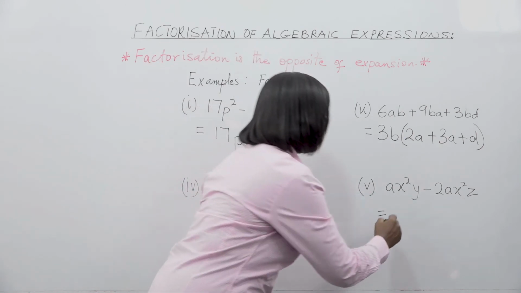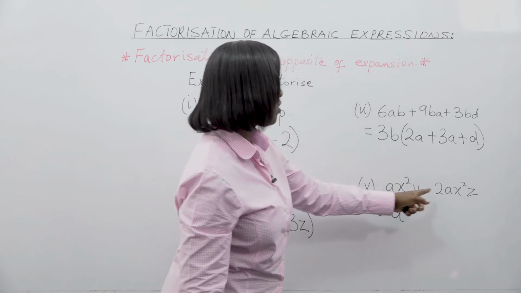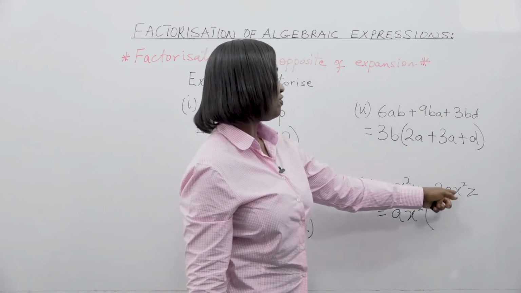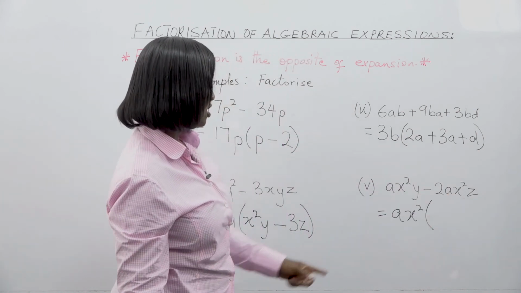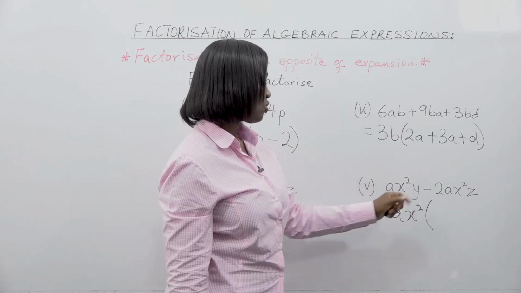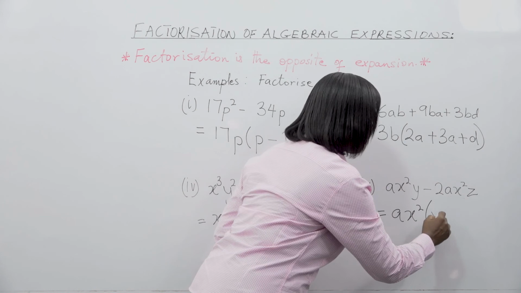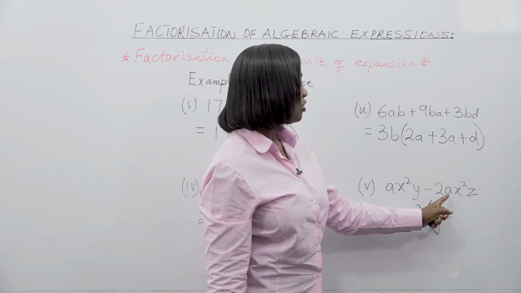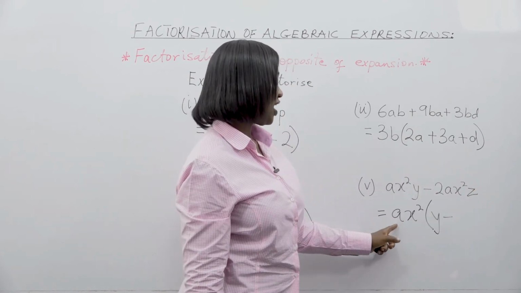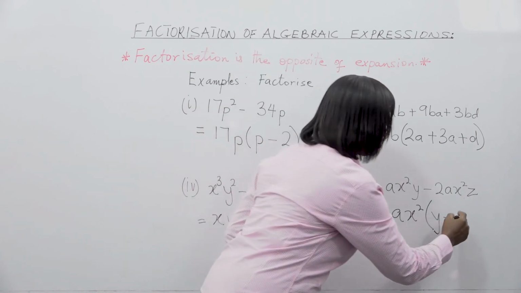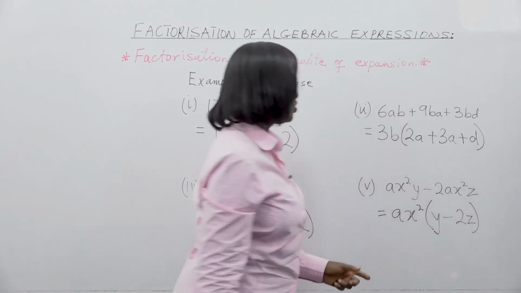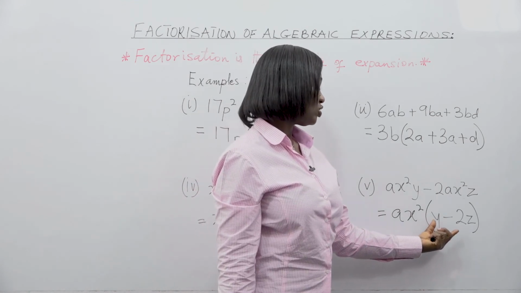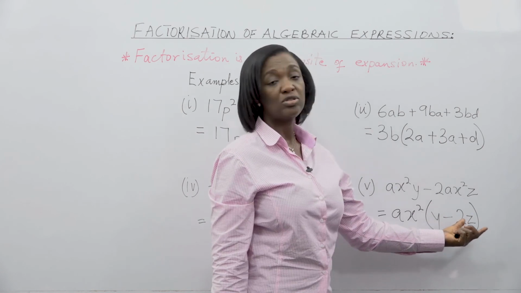A is common to both, so we factorize it out. x squared is common to both, factorize out x squared, and then divide each of these terms by the highest common factor. ax squared y divided by ax squared will give us y minus 2ax squared z divided by ax squared will leave us with 2z. So the answer becomes ax squared outside the bracket, multiplying the bracket with y minus 2z.